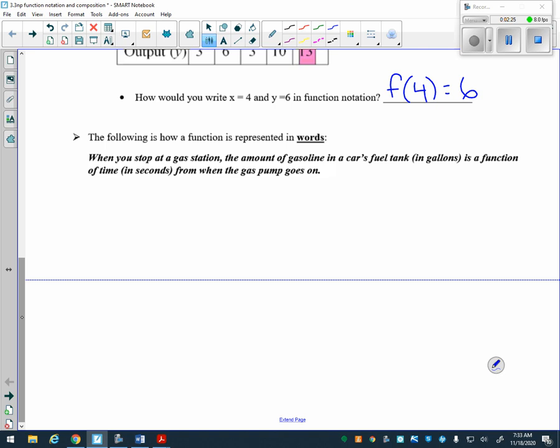Now in words, when you stop at a gas station, the amount of gasoline in a car's fuel tank in gallons is a function of time in seconds from when the gas pump turns on. So your input is how long, which is your time. Your output is the amount of gas.